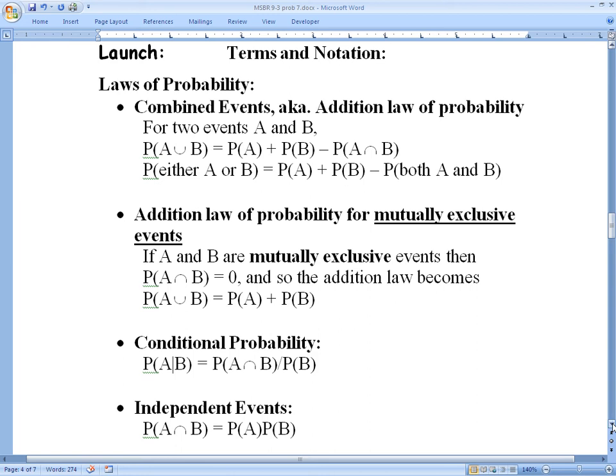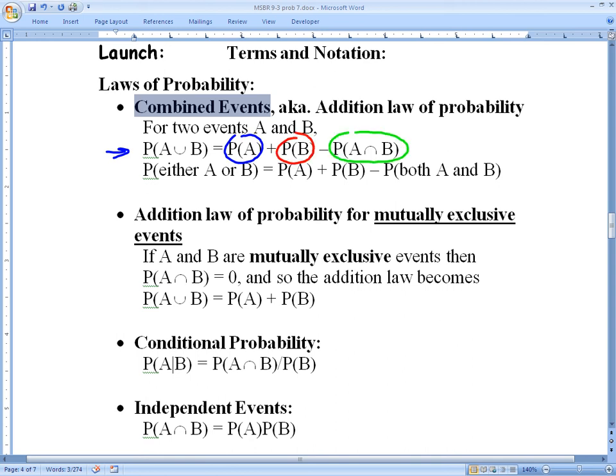The first one, sometimes referred to as the addition law of probability. I think our formula packet calls it combined events. And I've written it 2 different ways here. I've written it once just straight as a formula here, which says the probability of A union B, or A or B, is equal to the probability of A plus the probability of B minus the probability of A and B, or A intersect B. And then below that, I just wrote that in words.